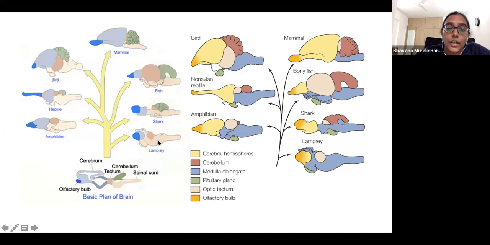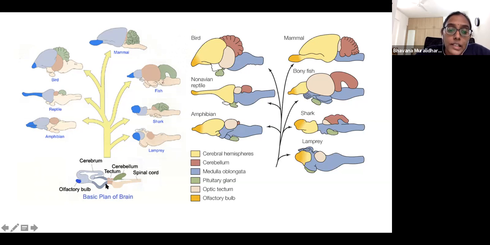For instance, some of the earliest organisms have very developed hindbrain and spinal cord structures, and as you go up in evolution, you start seeing that the cerebrum has started taking more space in these brains as it goes into the mammal. And one more thing to notice is that depending on the usage of a particular system, for instance if olfaction is very important, as in the case of reptiles, you would see an elongated olfactory bulb, which is seen specifically in the reptiles.